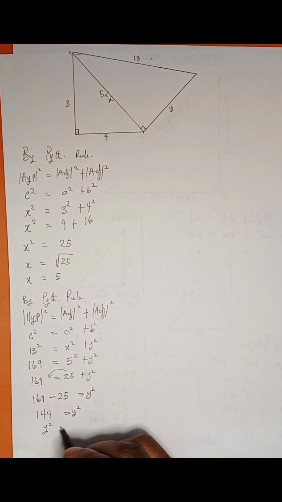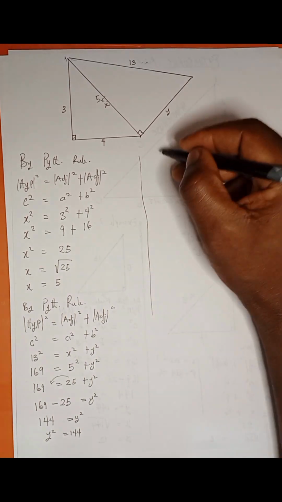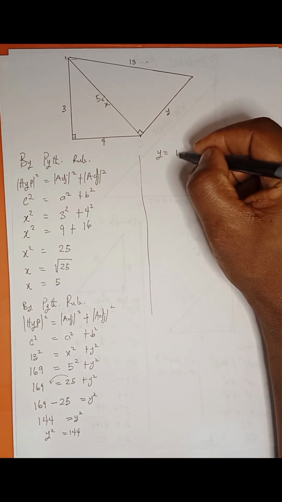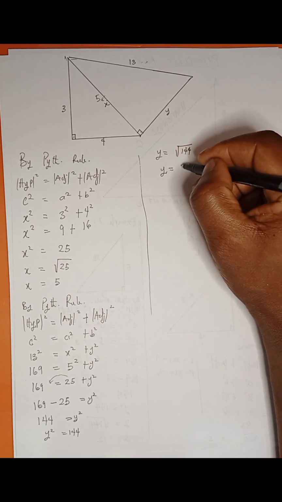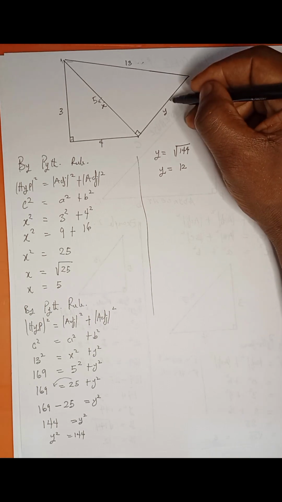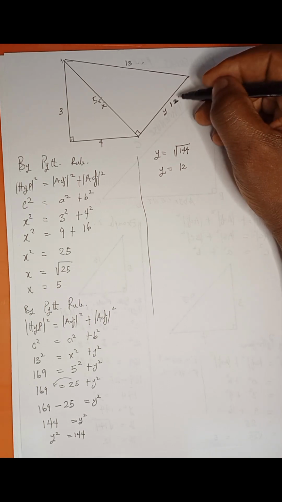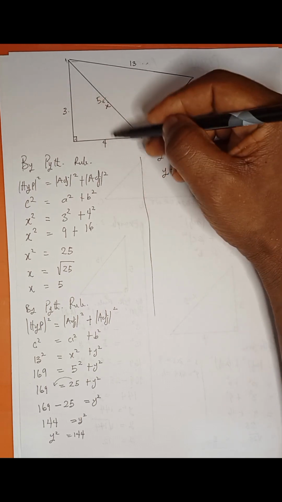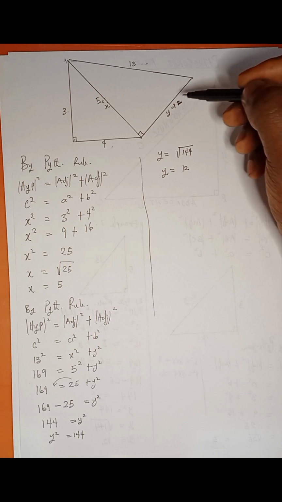So y squared is 144, meaning my y is equal to the square root of 144. Y will now be 12. So we found all the sides of the two triangles that are together. This is 3, this is 4. We found 5 here, and then we've also found 12.